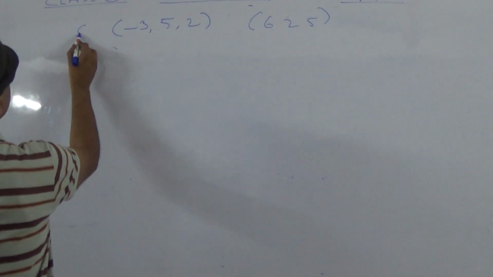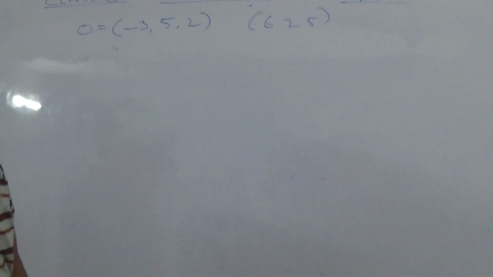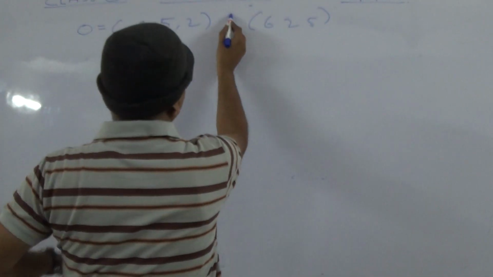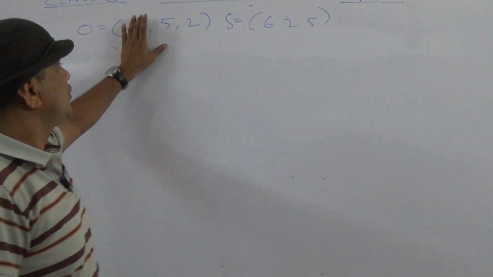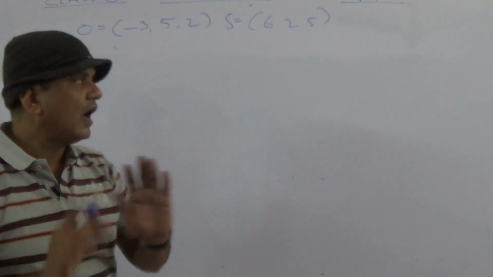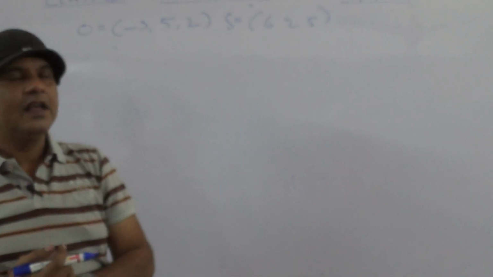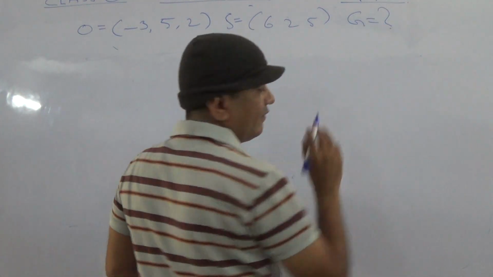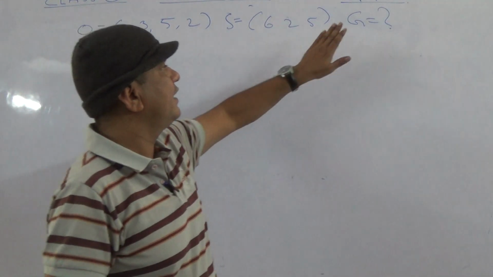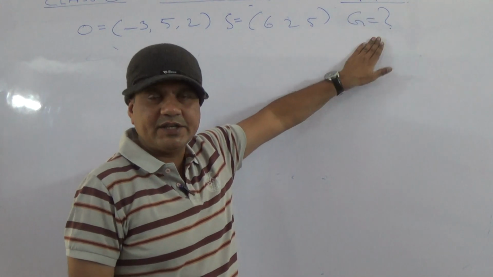Here this point is called the orthocenter of the triangle and this point is the circumcenter of the triangle. That means these 2 points are the orthocenter and circumcenter of a triangle. Then what is the centroid of this triangle? Here we want to find the centroid of the triangle, that means G.